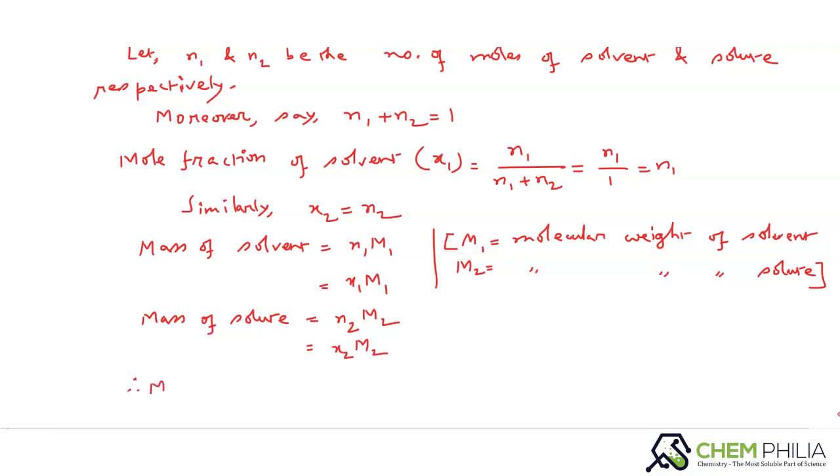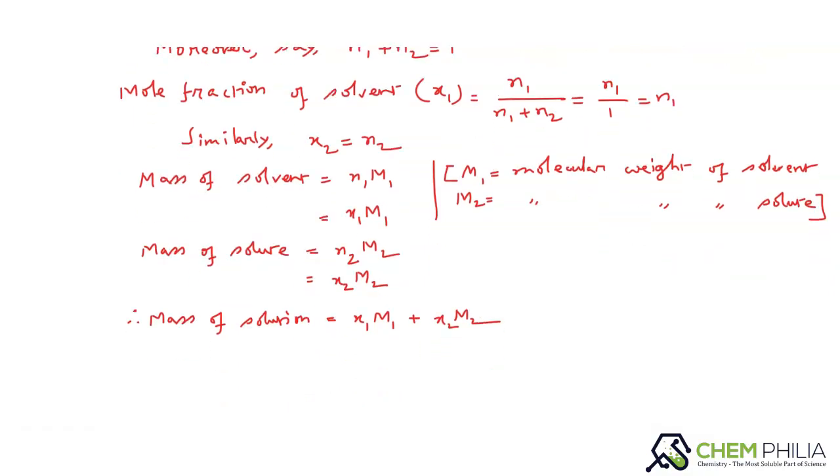Therefore mass of solution is equal to mass of solute plus mass of solvent, or we can say it's X1 M1 plus X2 M2. Clear? So we have got the mass of solution.